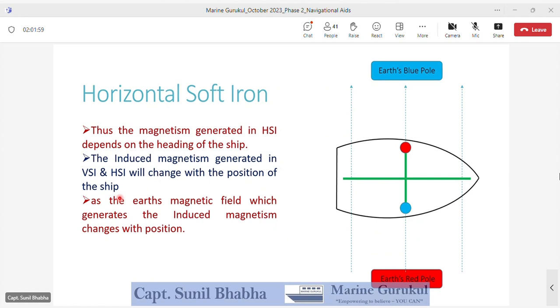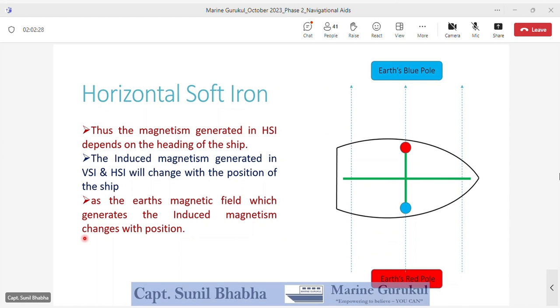Now if the ship changes its location, let's assume the vessel was on the equator and now it has moved towards the pole. As soon as the vessel changes its location, the Earth's magnetic field, which is the generating force for inducing the magnetism, also changes.